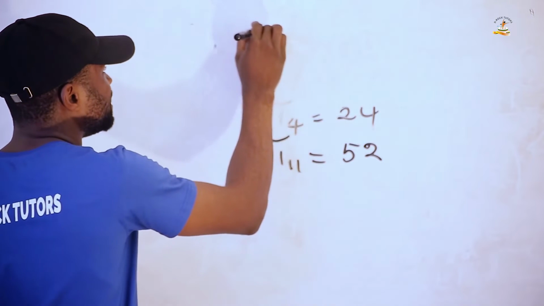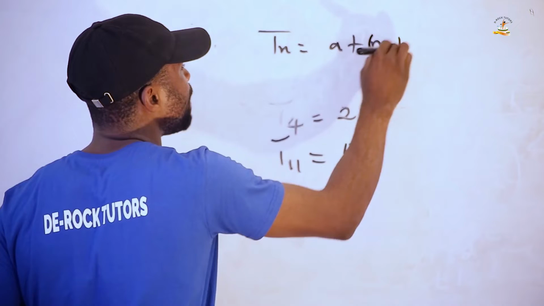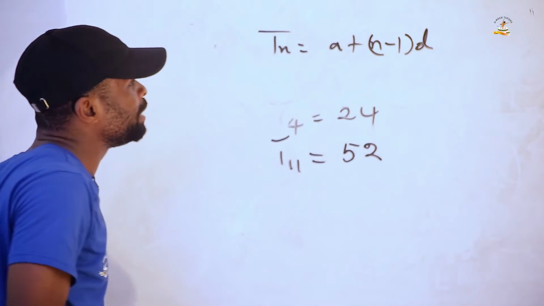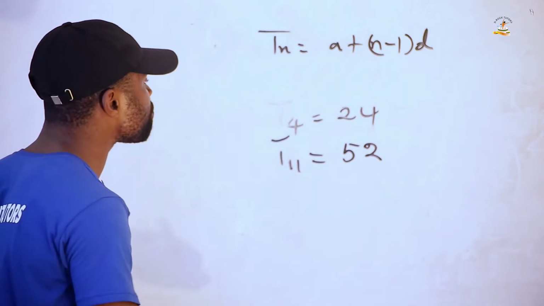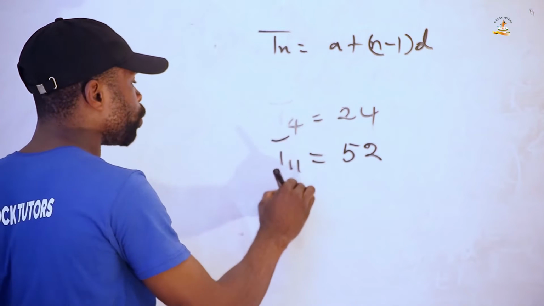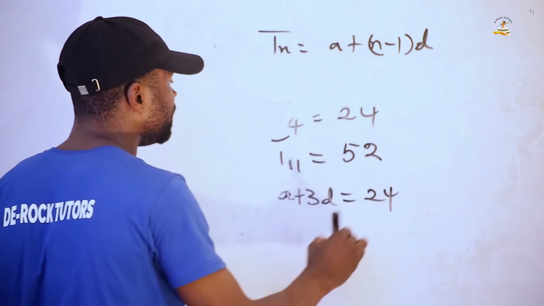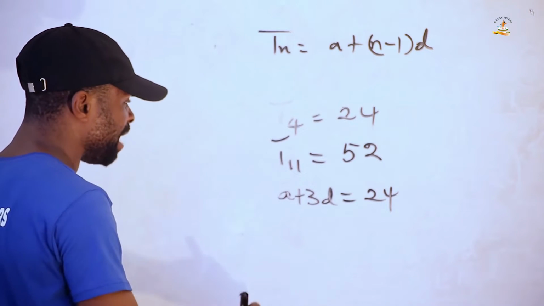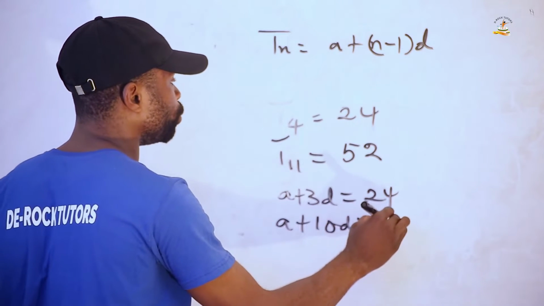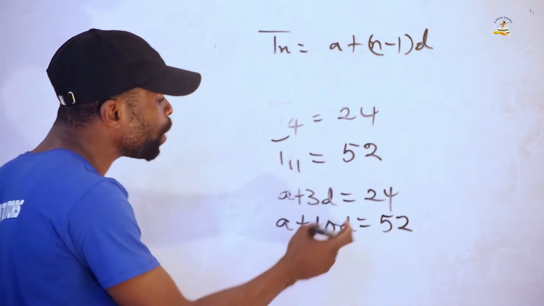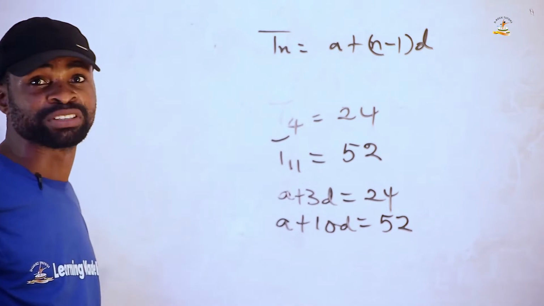Do not forget that the nth term of an AP is given as A plus n minus 1 into D. So looking at this one, we have T4 as A plus 3D equal to 24. Then we have T11 as A plus 10D equal to 52. How do I arrive at this particular A plus 3D and A plus 10D?